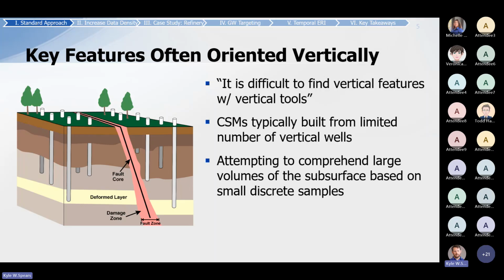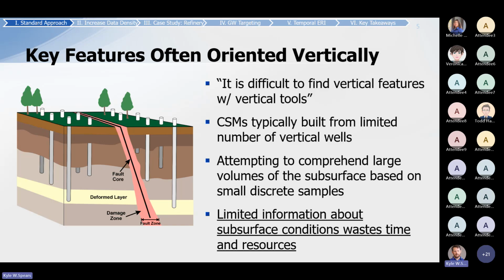So another inherent flaw is that by interacting with the subsurface simply with vertical tools and vertical wells, we put ourselves in a situation where we're inherently struggling to characterize the most important parts of the subsurface we need to understand for our projects. Again, these are the issues ASTIS set out to solve 20 plus years ago. And really, at the end of the day, what we want to do is prevent limited information about the subsurface from wasting time and resources.